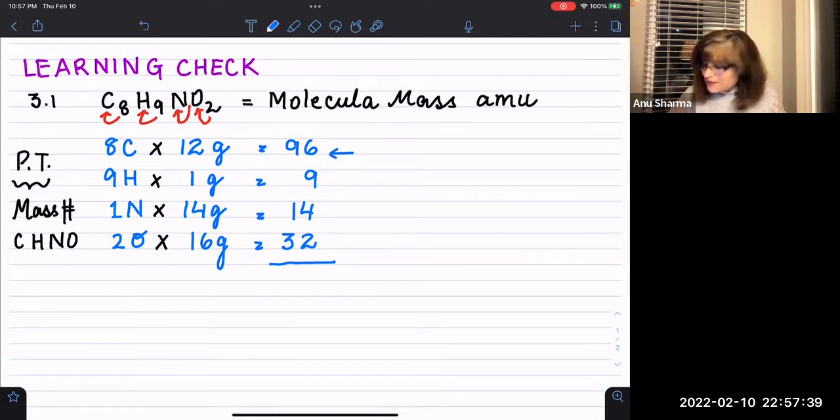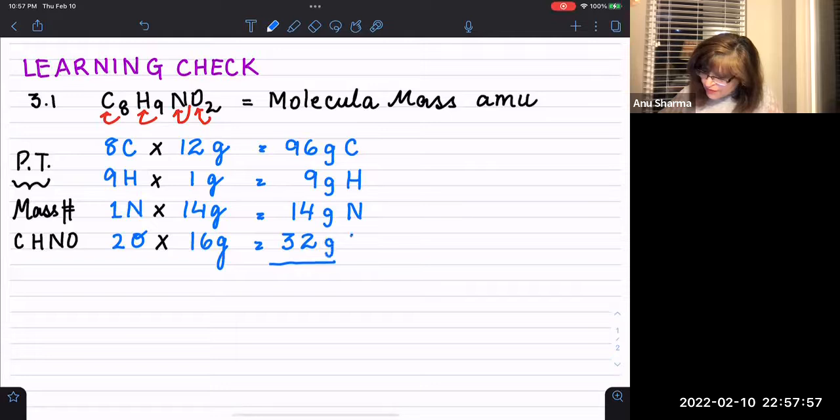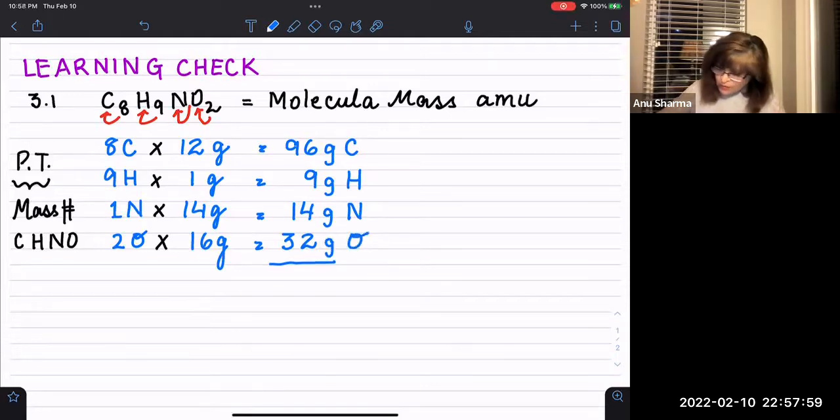So that was my error. Sorry about that. Anyways, you are getting 96 grams from carbon, 9 grams from hydrogen, 14 grams from nitrogen, and 32 grams from oxygen in this molecule. So when you add the whole thing, it comes out to be 151.